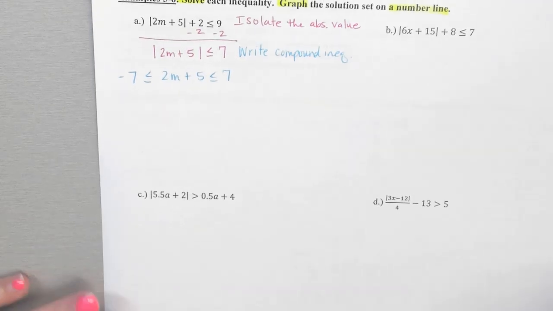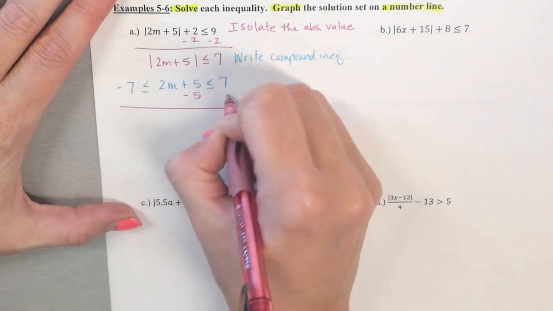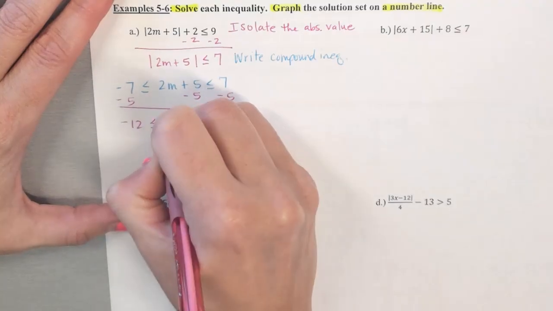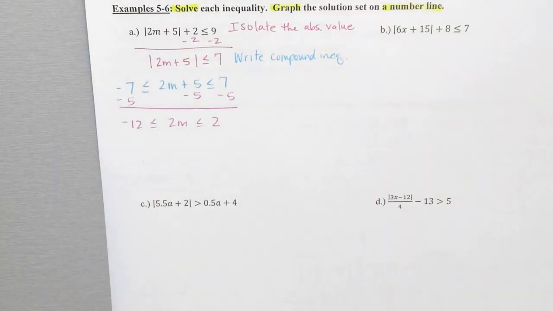All right, and then when you're solving an inequality, it's very similar to when you are solving an equation. Okay, so instead of having 2 sides, this time we have 3 sides, so I'm subtracting 5 from all of those sides.